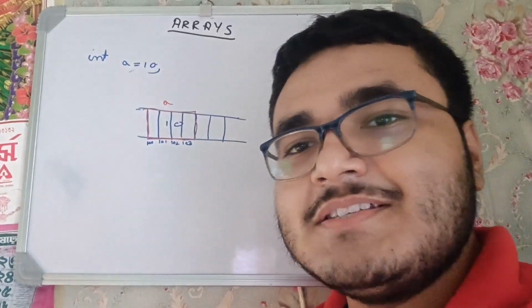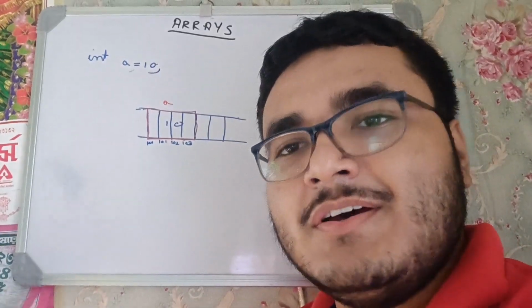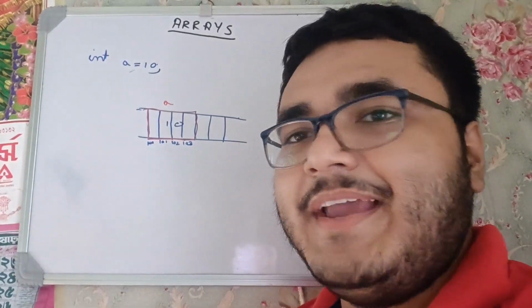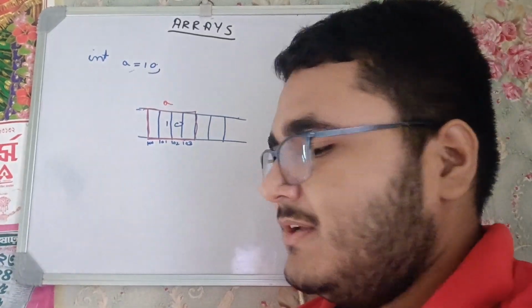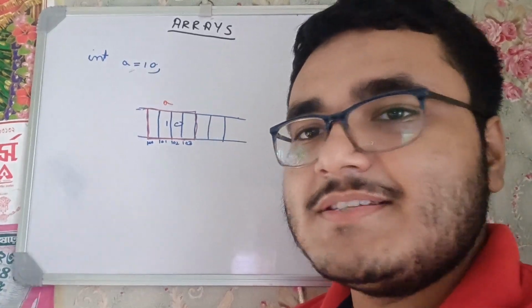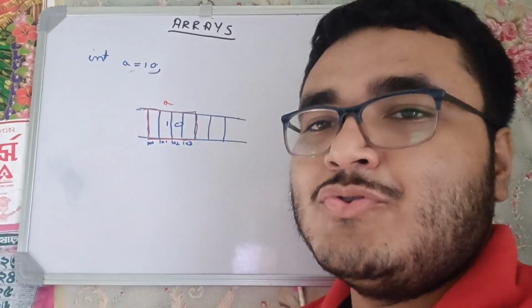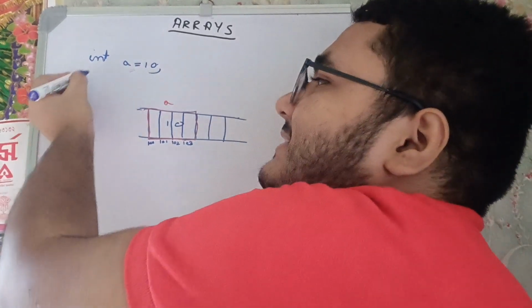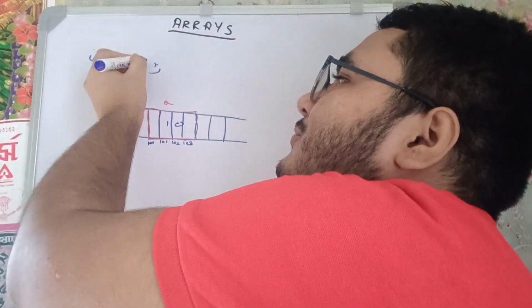And if I ask you to store around 60 even numbers, then won't it become hectic? Obviously you need to declare 60 variables in that case.